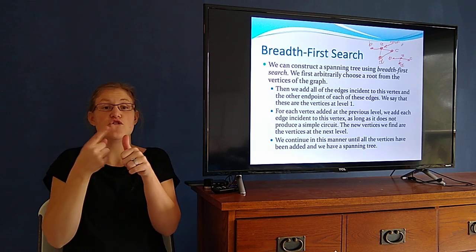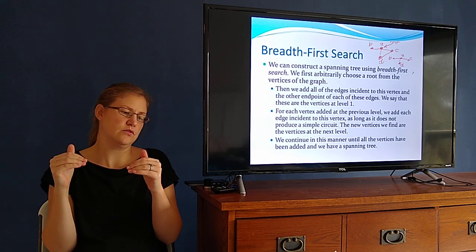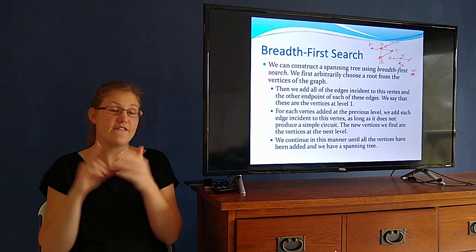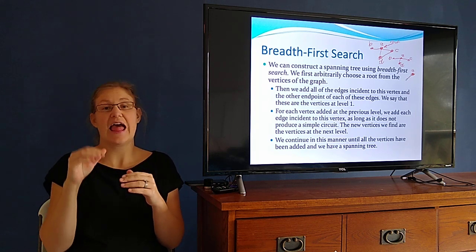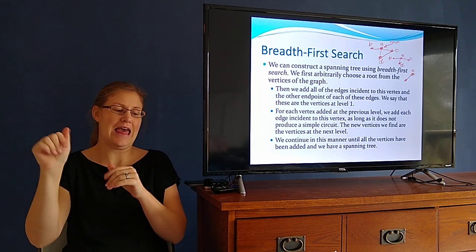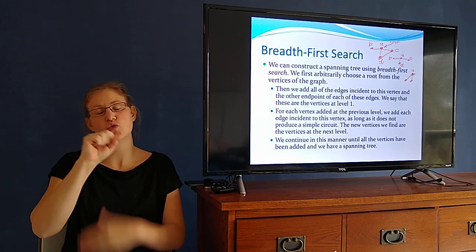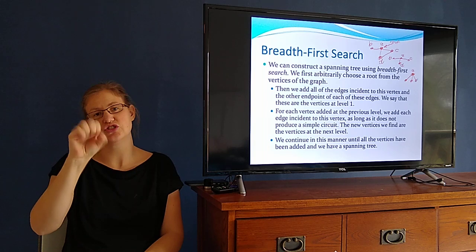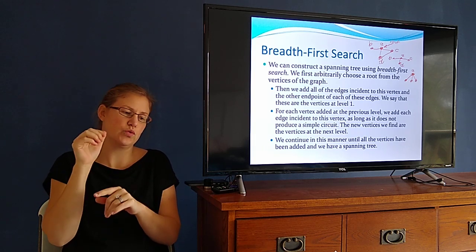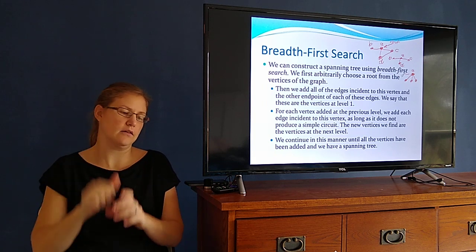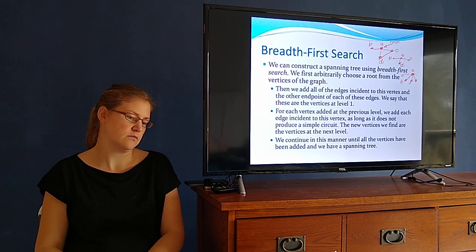Let me redraw it in terms of levels. A is at level 0, and we have visited all the edges incident to A at the next level, which is level 1. This is level 0, and B, C, and D are level 1.